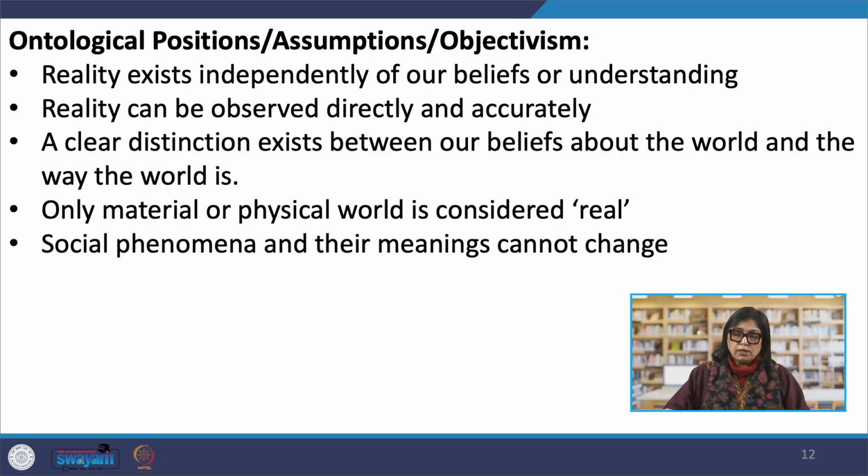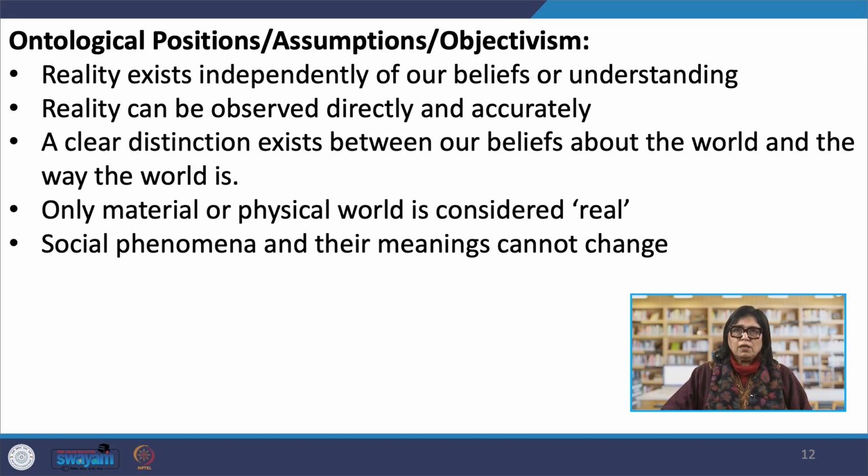So, ontological positions, that is the nature of the world and existence. Position, assumption, objectivism: reality exists independently of our beliefs or understanding. Reality can be observed directly and accurately. A clear distinction exists between our beliefs about the world and the way the world is. Only the material or physical world is considered real.